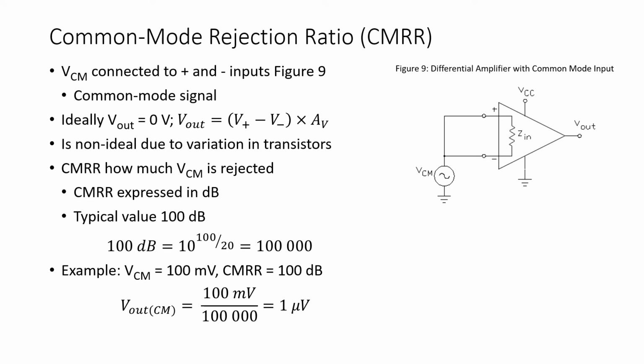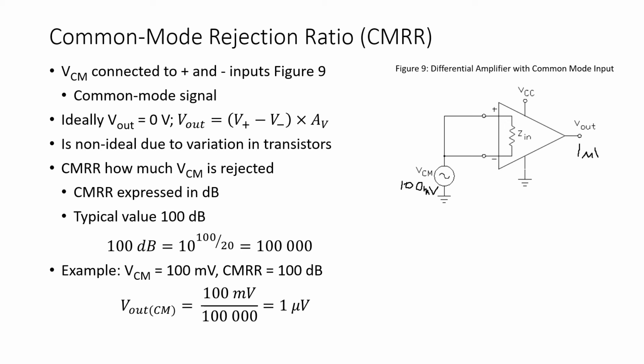So for example, if my common mode input voltage is 100 millivolts, and we're given that the common mode rejection ratio of the amplifier is 100 dB, then our output common mode voltage would only be 1 microvolt.